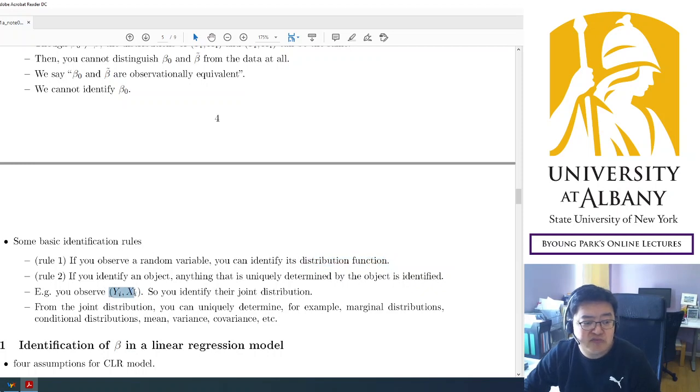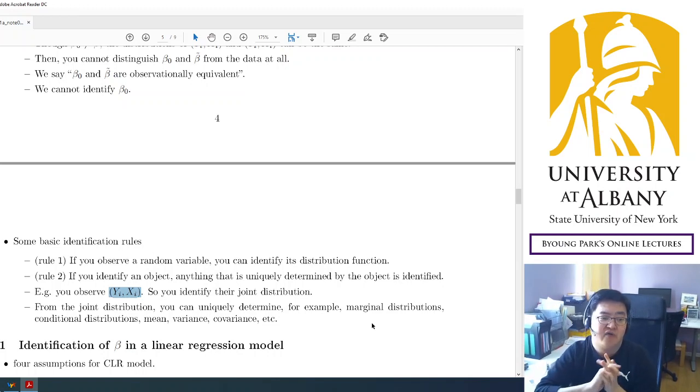And when you observe two random variables jointly, their joint distribution is identified, and from the joint distribution, you can uniquely determine their marginal distributions, conditional distributions, and their mean, variance, and covariance, right?